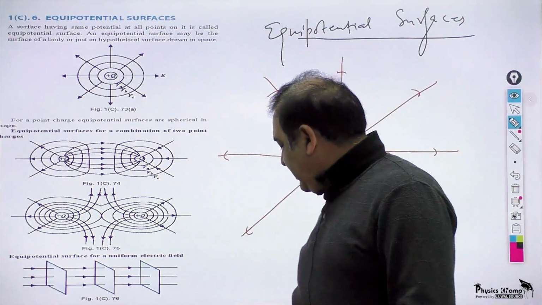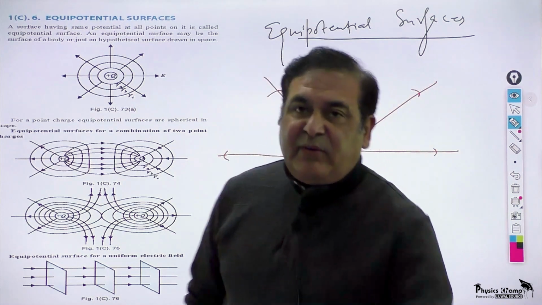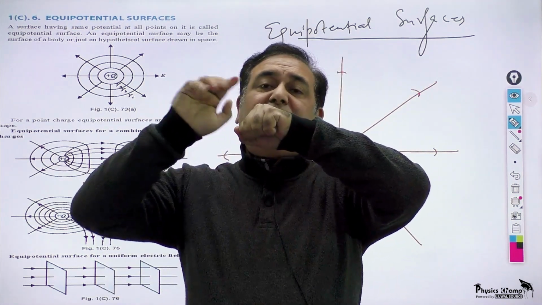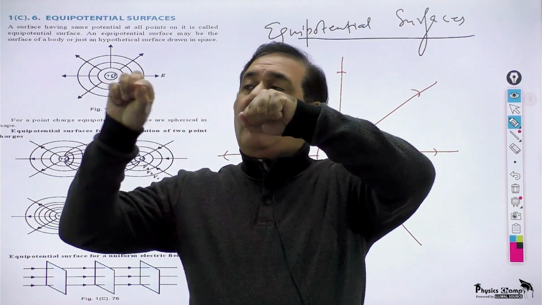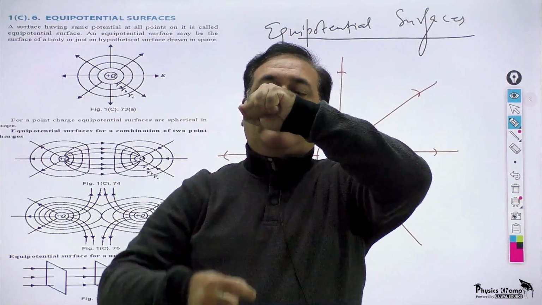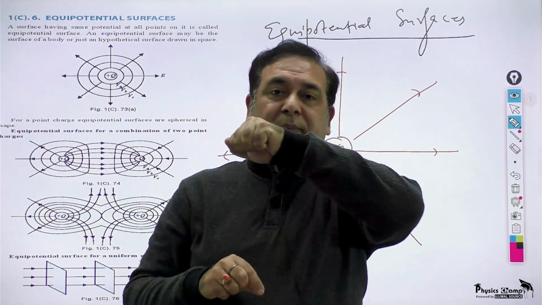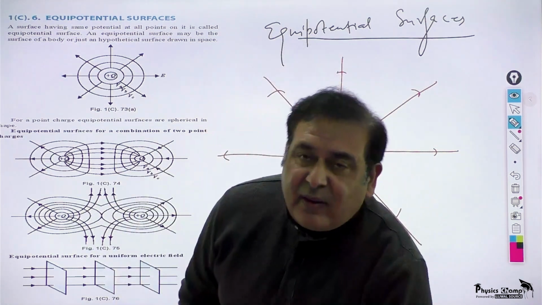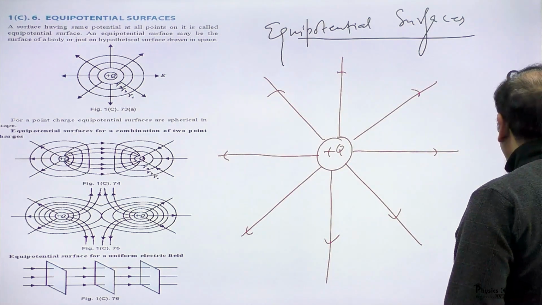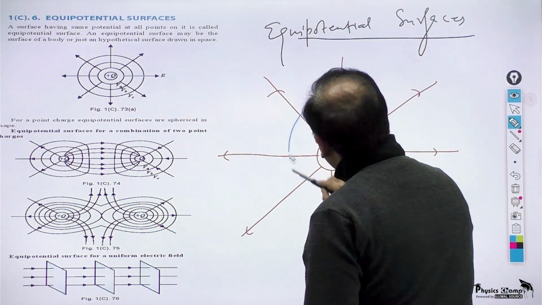Just imagine that I have a point charge, my hand is like a point charge, and then I am assuming an equipotential surface. If I go r distance here, r distance here, r distance down or r distance back, I should assume not a circle, instead I should assume a sphere of radius r.